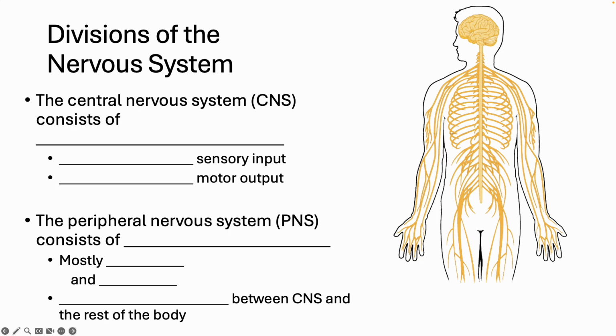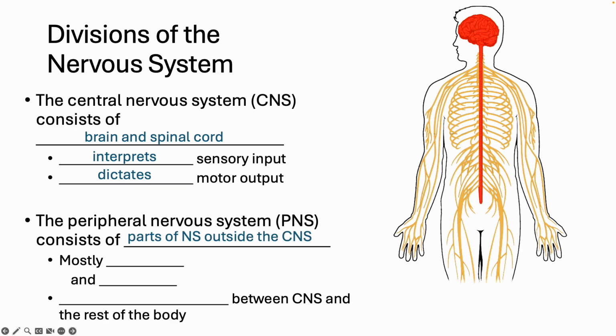So the divisions of the nervous system, the 2 major divisions are going to be the central nervous system and the peripheral nervous system. The central nervous system consists of the brain and the spinal cord. It is going to be what's responsible for interpreting sensory input and dictating motor output. The peripheral nervous system, on the other hand, consists of the parts of the nervous system outside the central nervous system.